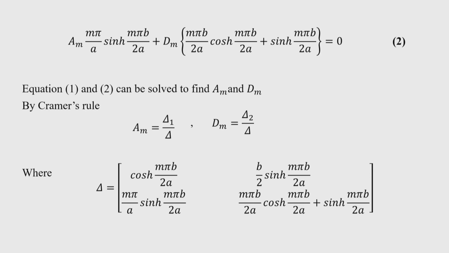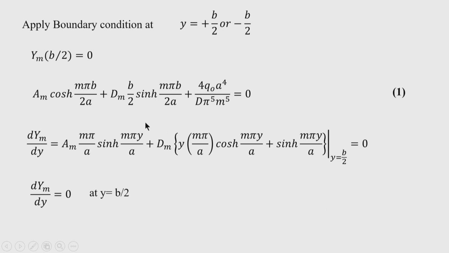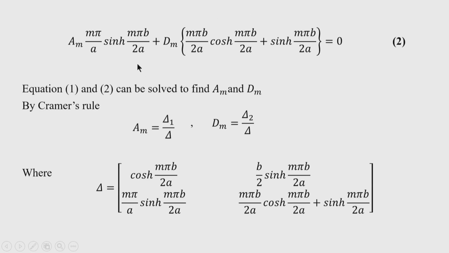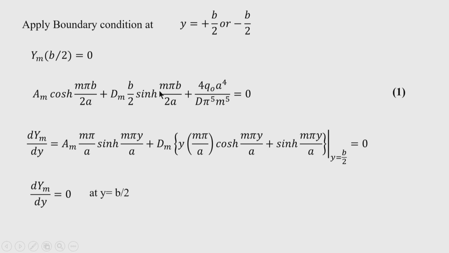So, using Cramer's rule, we can write the solution for the two equations 1 and 2 obtained using the boundary conditions. A_m is equal to delta 1 by delta and D_m is equal to delta 2 by delta. Now, the denominator delta is the determinant formed by the coefficients of A_m and D_m of the two equations obtained by applying the boundary conditions. So, for forming the determinant delta, the coefficient of A_m in the first equation is cos hyperbolic m pi b by 2a.